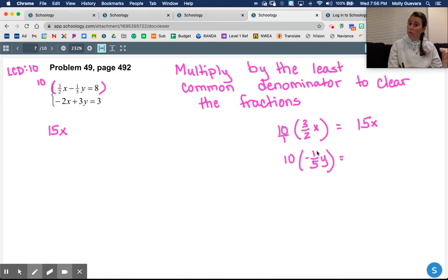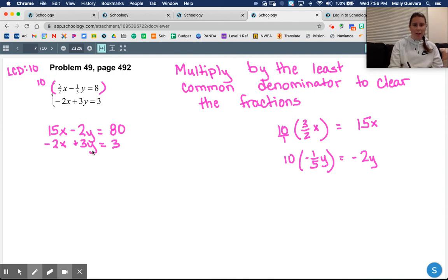I have 10 over 5, which is 2, and then there's the negative, so it's negative 2y. And then 10 times 8 is 80. So by multiplying by 10, I've gotten rid of the fractions. Now I can go ahead and do the bottom equation, which doesn't have fractions. And now I'm ready to just solve like normal.